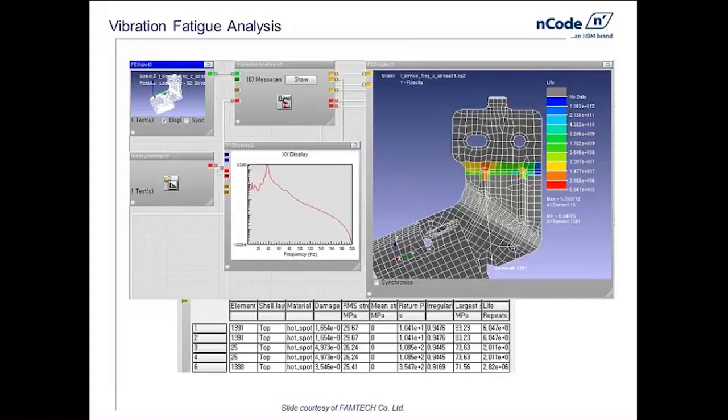You can actually see the PSD that's been brought in on the adjacent XY display. Again, these 2 inputs are used by vibration fatigue to go in and calculate a PSD of stress at each location in the model. And once we have a PSD of stress, there are cycle counters built into DesignLife that can count the number and size of cycles, and with that I can predict fatigue.